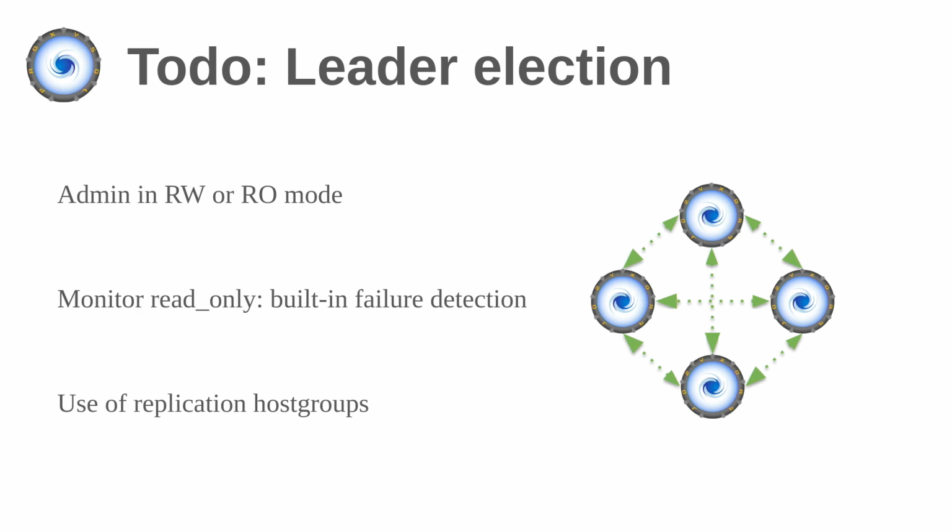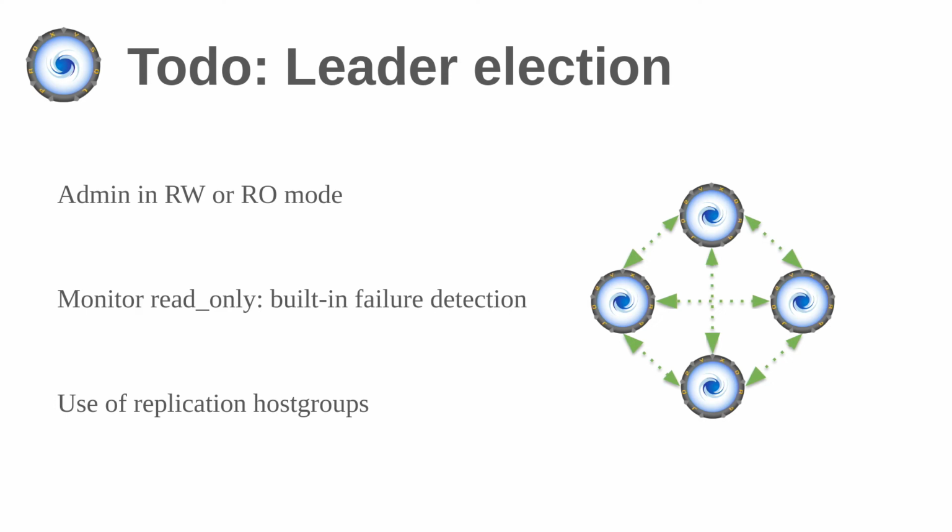Now, what is still on our to-do list is leader election. It is not a high priority, because the way the cluster works right now does not really need a leader election. So this will be an enhancement, but not a requirement.